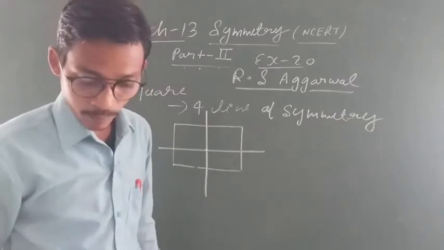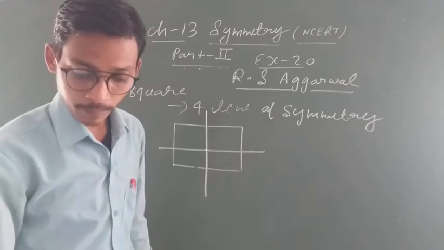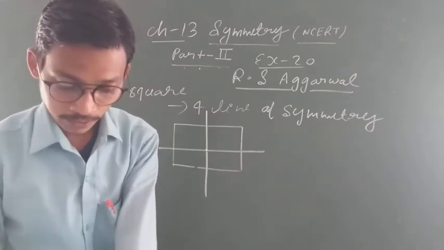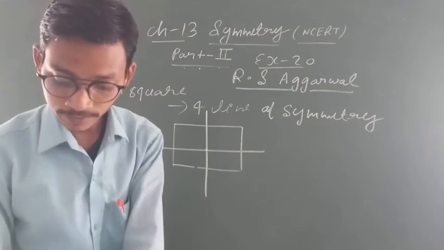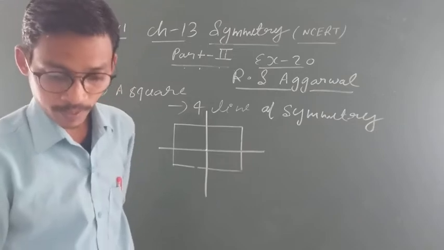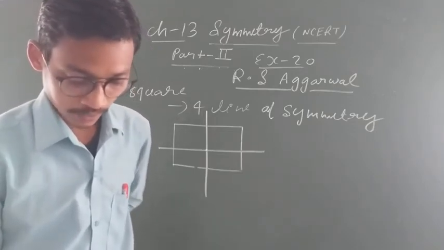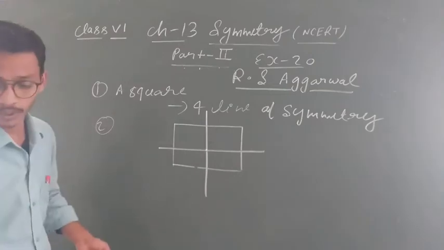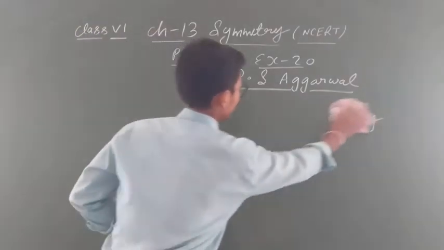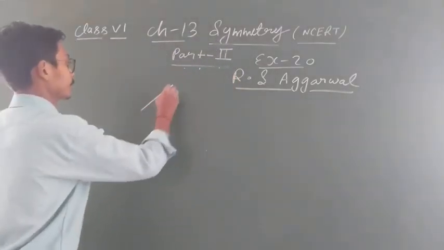A rhombus is symmetrical about, student. A rhombus is symmetrical about perpendicular. ठीक है ना? तो third you will mark C. नहीं, each of its diagonals. A rhombus is symmetrical about each of its diagonals. जैसे rhombus, देखो, again I am going to draw. देखिए, a rhombus you can draw like that.